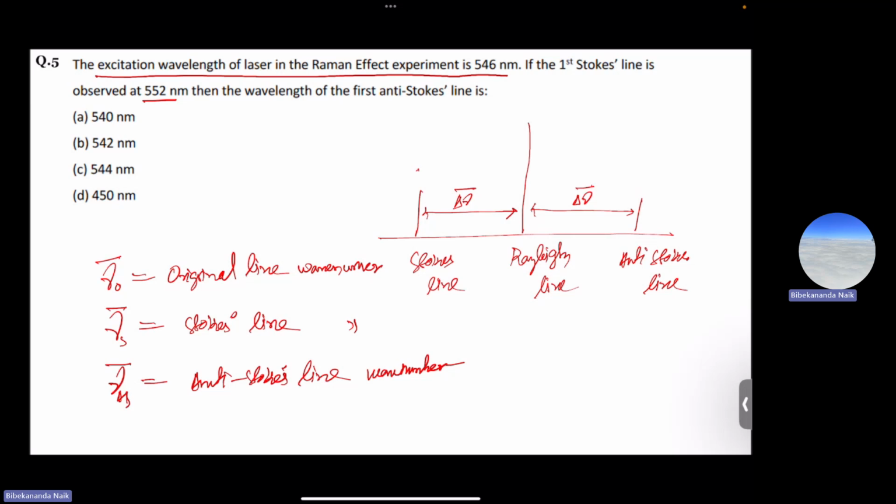And we know the position of both the lines are at equal distance from the central line.